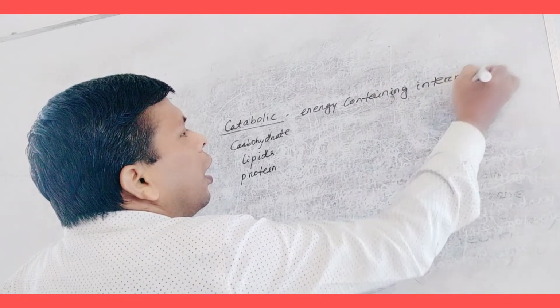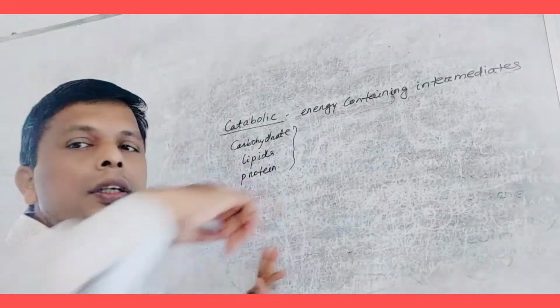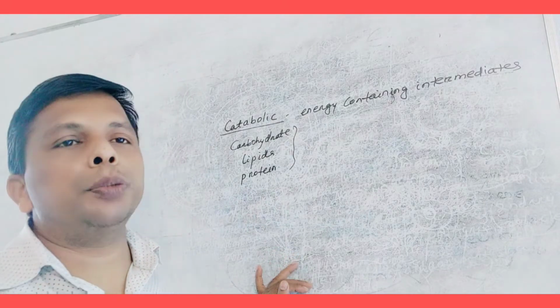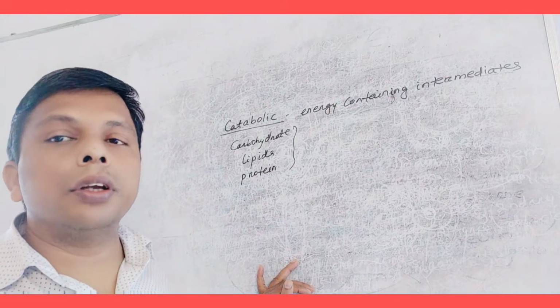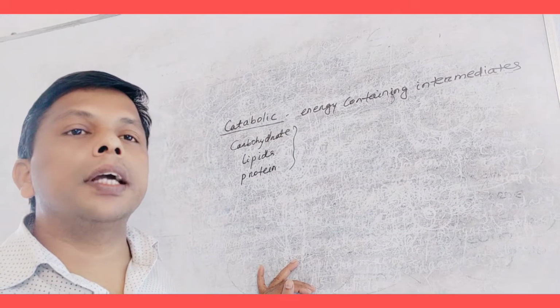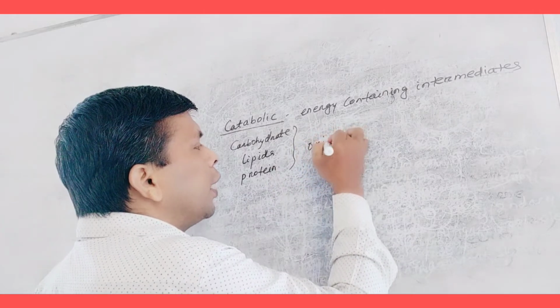These energy containing intermediates are oxidized during this pathway. What happens during oxidation? It produces carbon dioxide. These are oxidized.